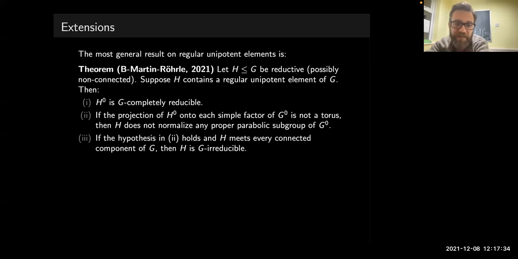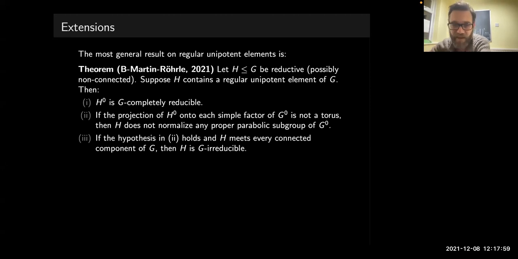Okay, so the point of difference between 2 and 3 is that there might be proper subgroups of G whose identity component is G0, and they will be parabolic. So to get rid of those, you need to make sure that H meets every component of G. Otherwise, you get silly examples.